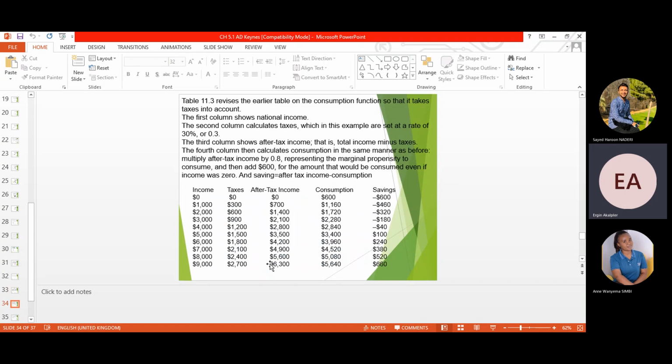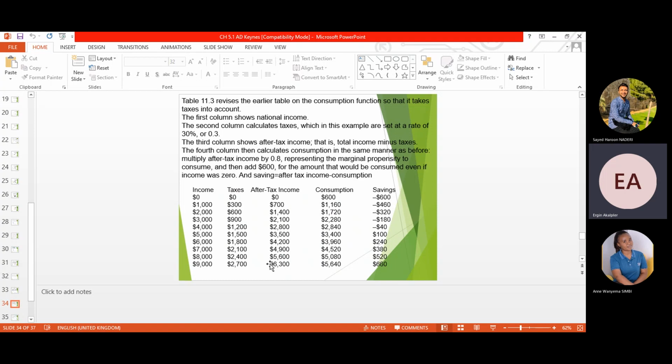You're going to take this after tax income 700, multiplied by 0.8, and this will make 560, and then you're going to add 600, which makes 1,160.